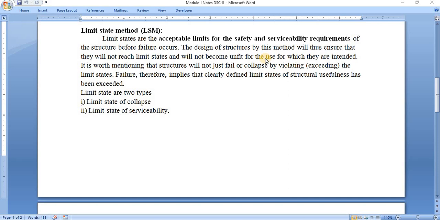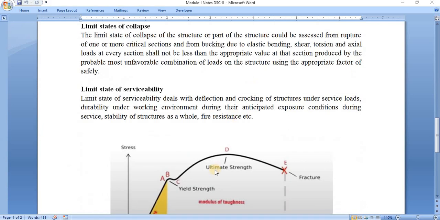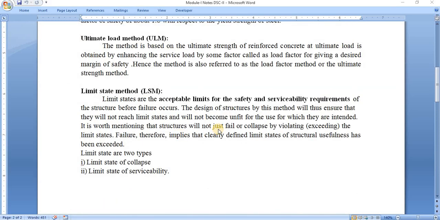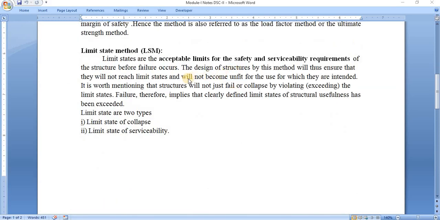Unfit for use means if the beam bends very much, or if we apply load up to ultimate level, the beam is going to bend and the plaster below that is going to fall. In this method the material will not reach that limit.